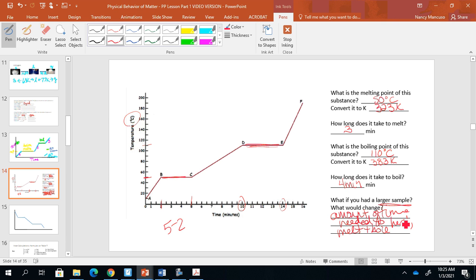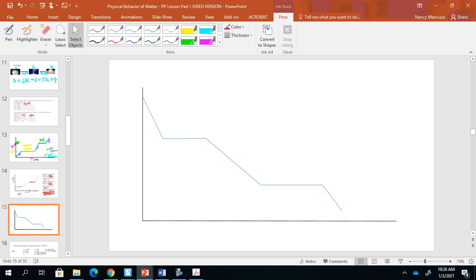So think about it as like if you had a little kiddie pool in your backyard, how long would it take to warm up to be warm? Would be really different than if you had a huge pool. So the amount of water, the mass of the water would change that amount of time, amount of heat required. All right, so this one is what we call a cooling curve.